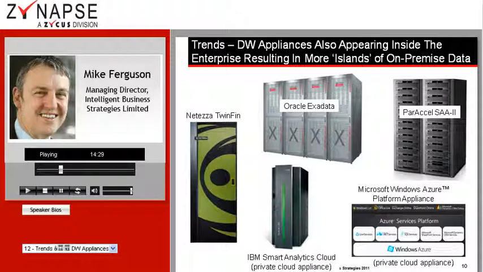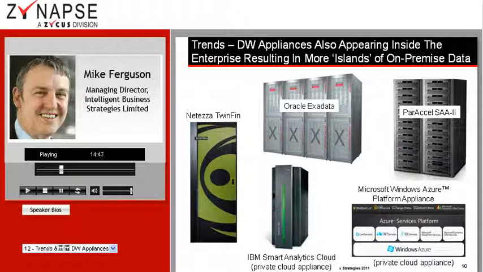But these specific appliances aimed at specific workloads end up meaning that data becomes even more fractured, in the sense that we have more islands of it even within a business intelligence environment.